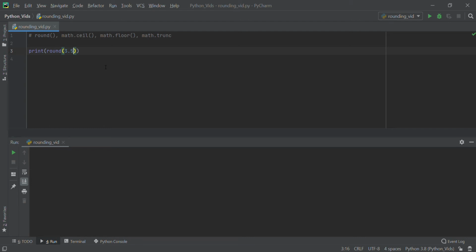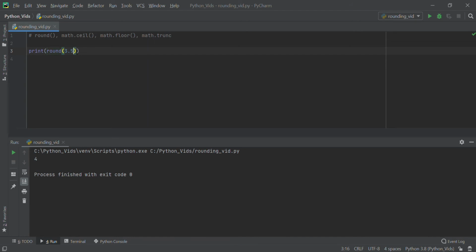Well, let's see what happens when we do 3.5. Will it round up to 4? It does. Okay, so everything's hunky-dory, just like we learned in school. You just round up at half, right? Let's see. Let's try again.